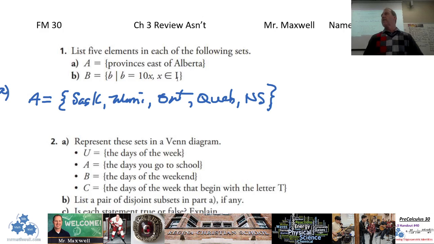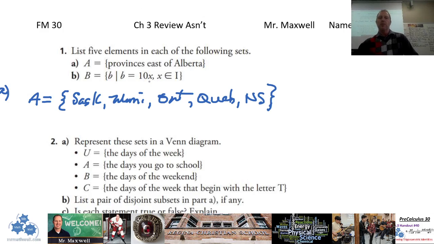So X could be anything like -1, -2, -3, -4, or positive 1, 2, 3, 4, 5, 6. No decimals, no fractions, nothing irrational. Just like basically whole numbers or natural numbers that are positive or negative. Those are integers, right?